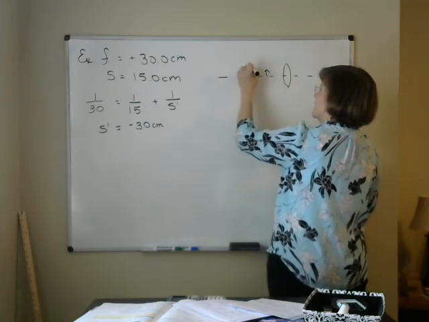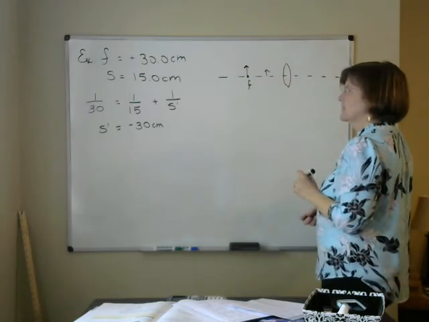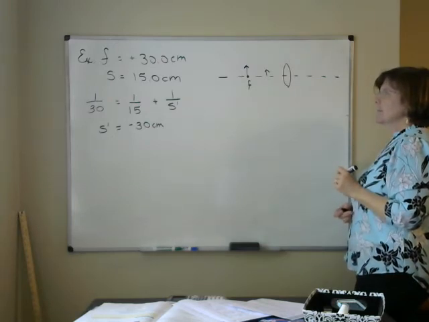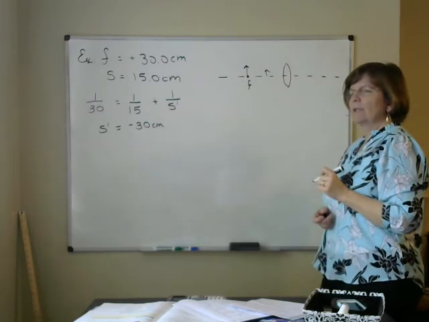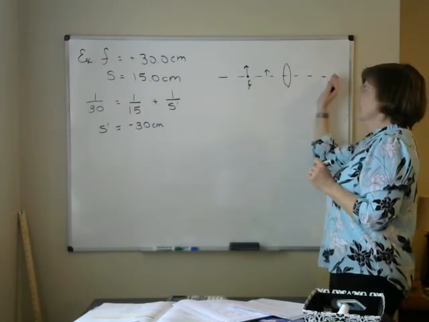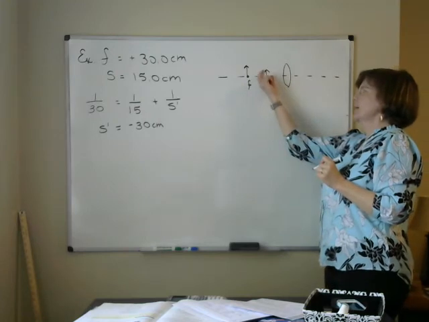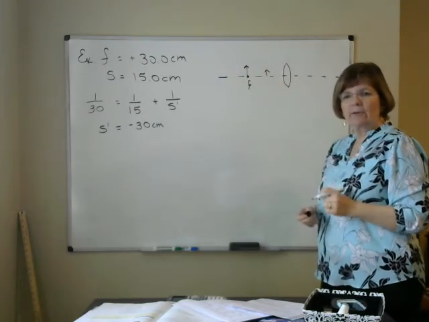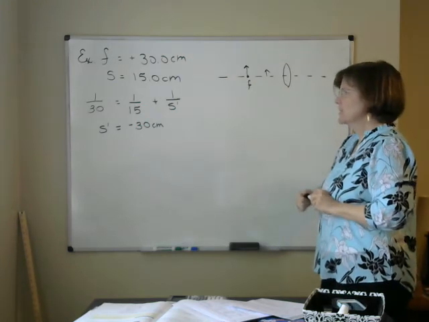It's going to form an image back here, like that. That's in fact how magnifying glasses work. If you're over here looking at it, the object's really here, but it will form an image of the object right there that's actually quite enlarged, okay?